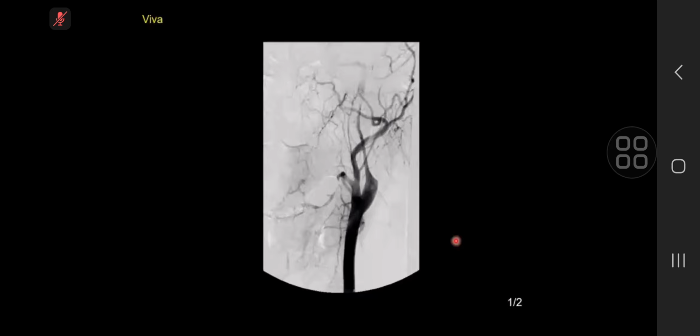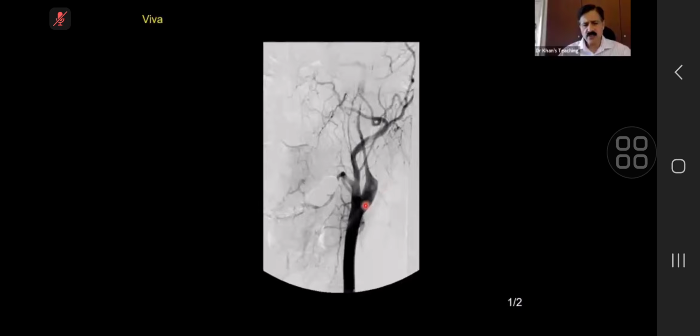I can see that there's a tapering of the internal carotid artery, and then there's no further branches coming off it. The appearances are quite suggestive of dissection, as we discussed earlier. There's no distal filling of it. That's very good. So here you can see that this is the carotid bulb, this is the external carotid, and this is the internal carotid.